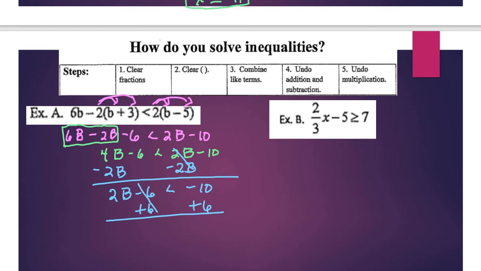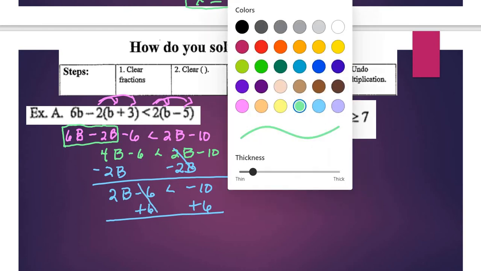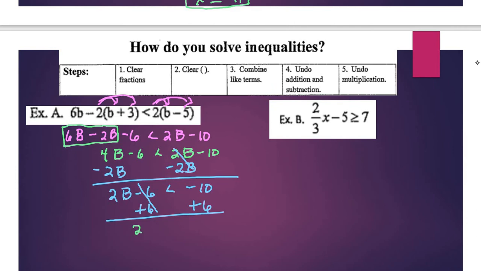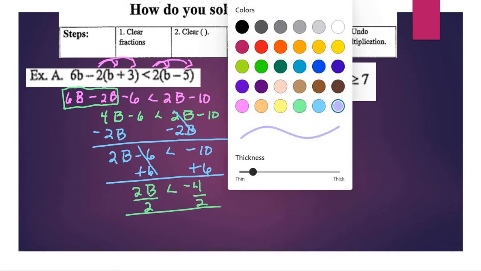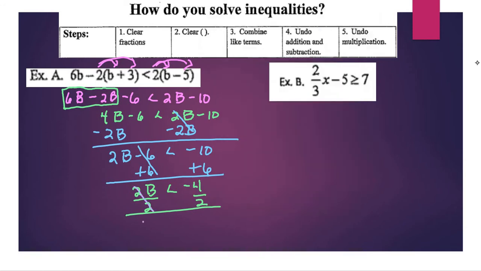This cancels out. So I have 2b less than a negative 4. And remember, we've got to divide both sides by 2. So this cancels out, and I have b, and negative 4 divided by 2 is a negative 2.